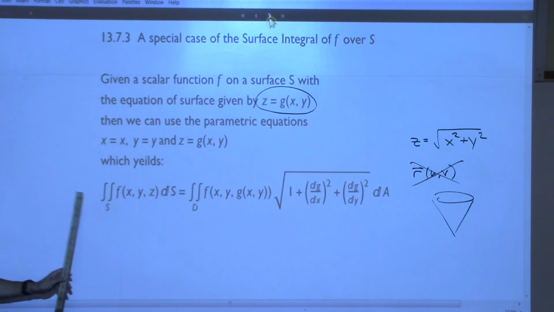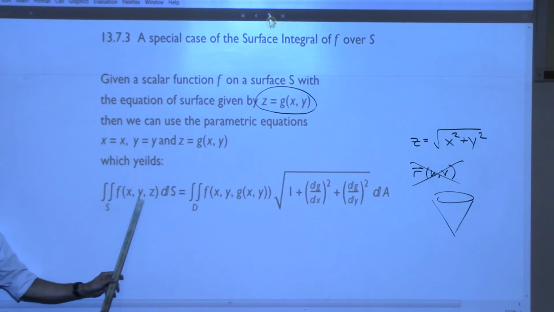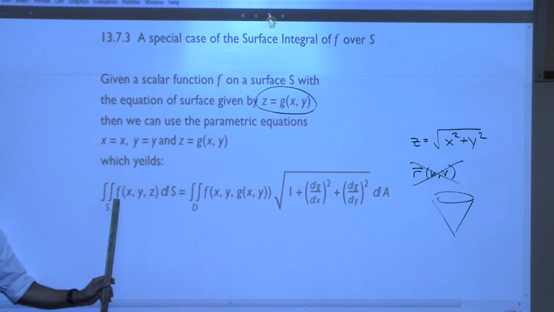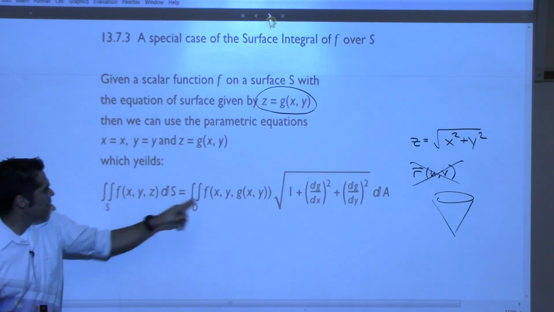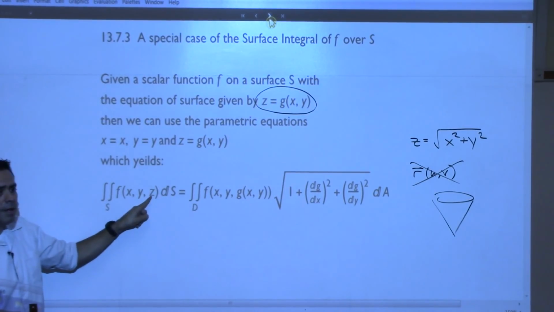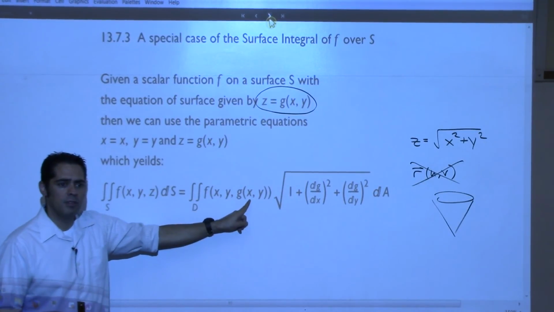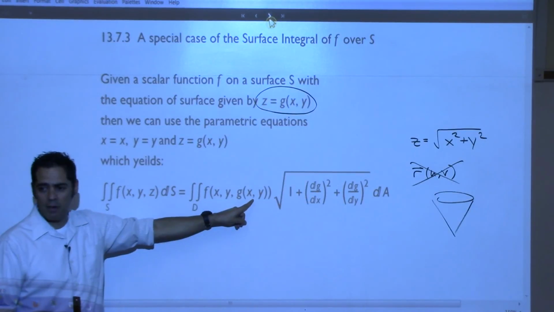So what we'll do is, remember how in the previous problem we took the scalar function and we plugged in the vector function into it? Right? This time we're going to take the scalar function and replace x with x, replace y with y, and replace the z with the actual function of the 2 variables, which would have been like that cone, just the square root of x squared plus y squared.